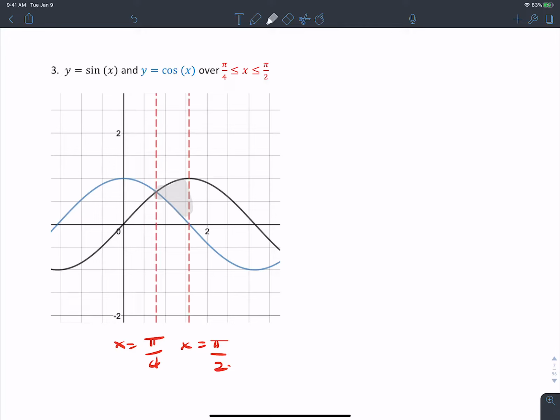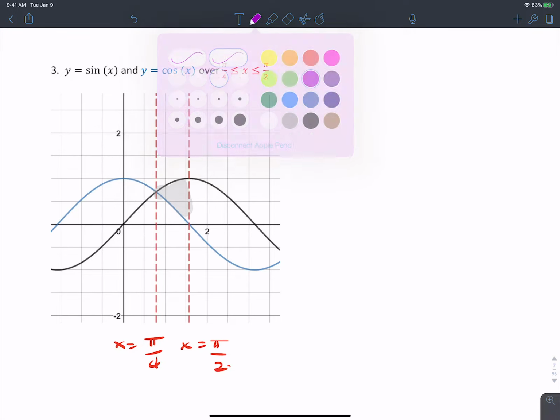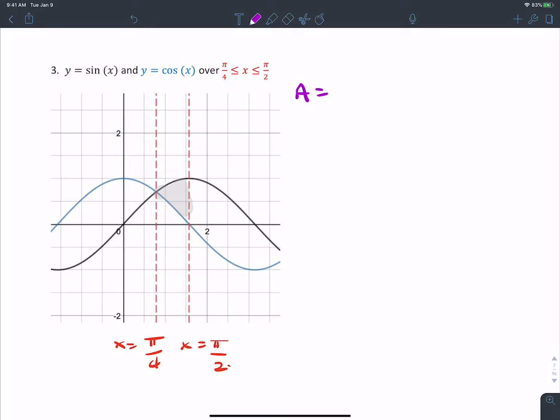Now, okay, so let's set this up again so that my area here is going to be the integral of top minus the bottom dx. So we have to identify the top curve and the bottom curve.